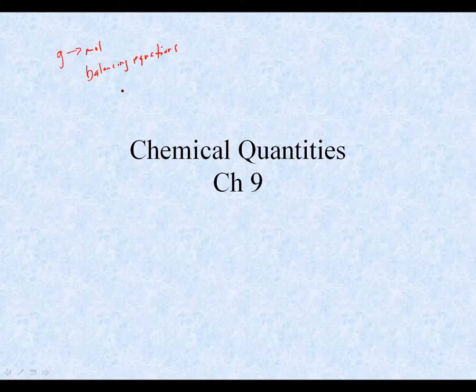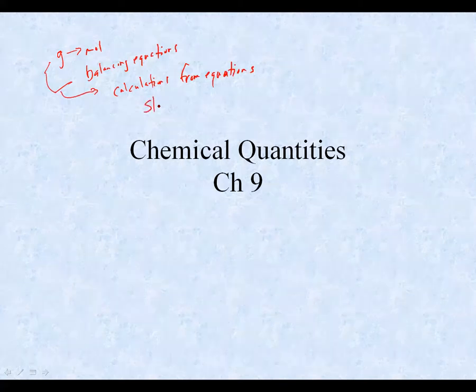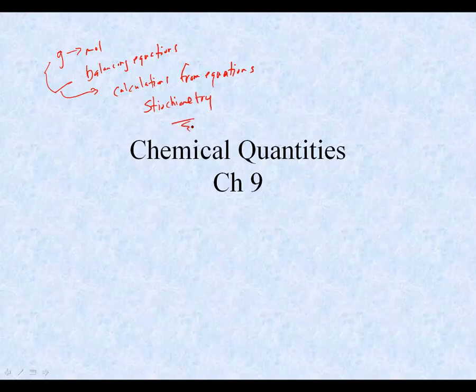What we're going to be able to do is put these two things together, and we're going to be able to do some calculations from equations. This type of calculation that we do from equations is what is known as stoichiometry. It's an important type of calculation that we do a lot in chemistry to figure out certain things in a reaction.